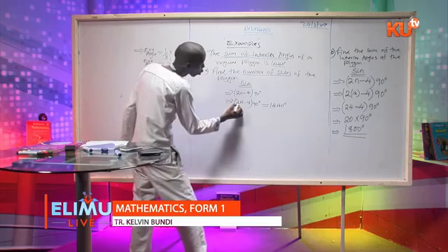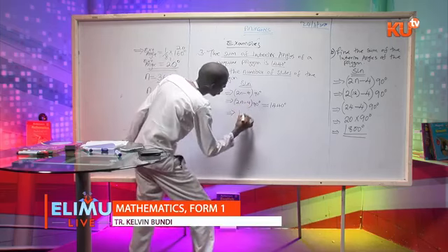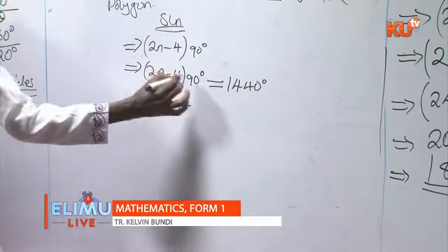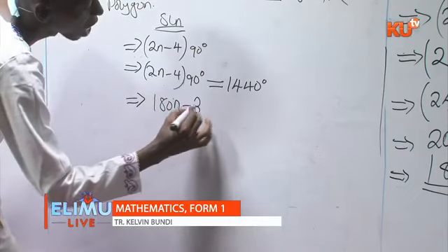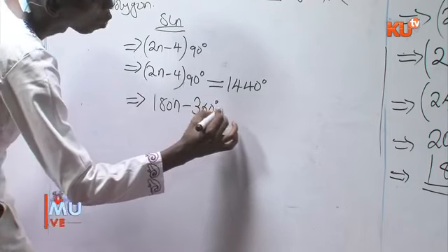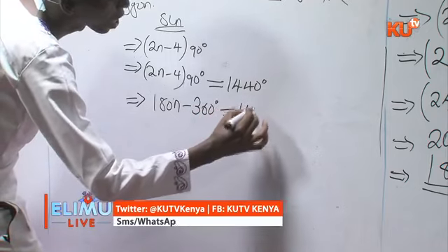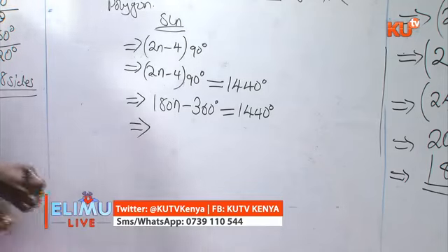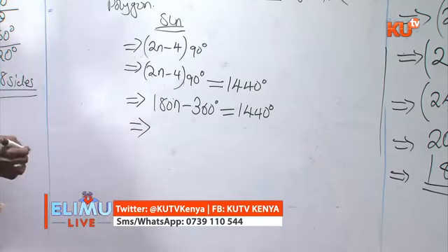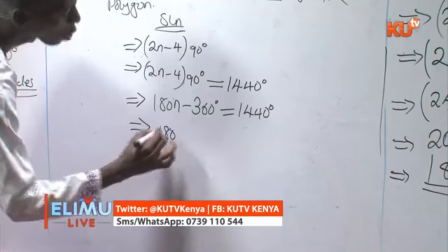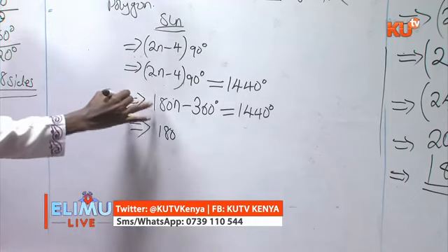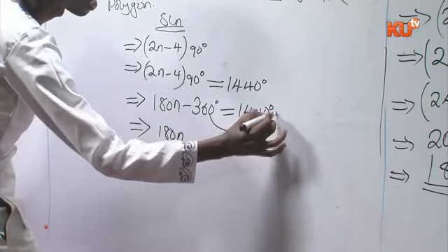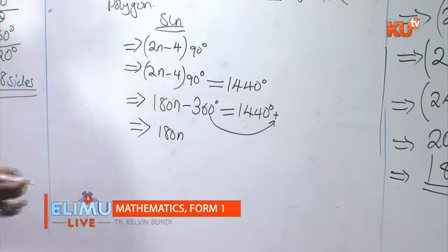Open the bracket: 2n multiplied by 90 is 180n, minus 4 multiplied by 90 is 360 degrees, which is equal to 1440 degrees. So you bring the like terms together. 180n. Take 360 to the other side. It will be addition.